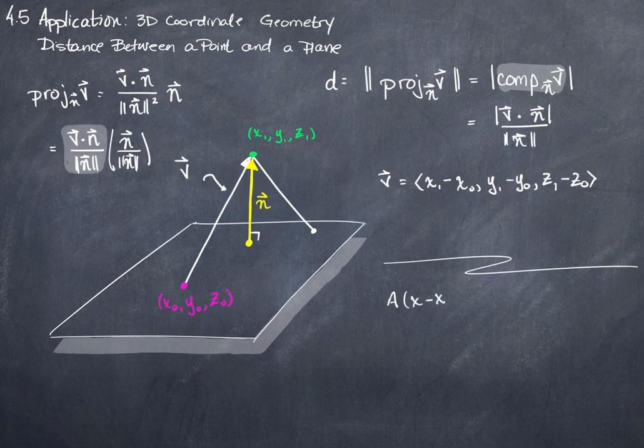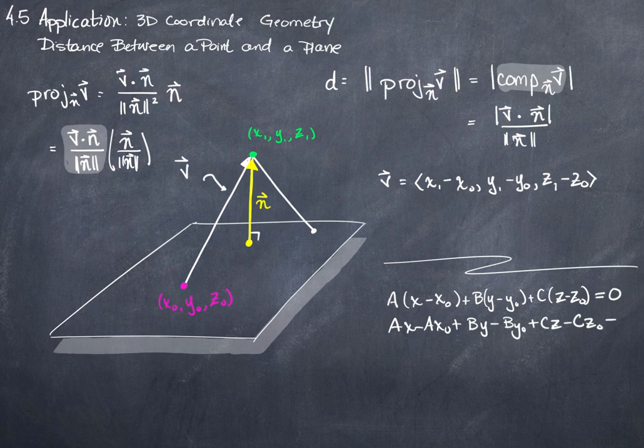A times x minus x naught, I wrote that down wrong, plus b times y minus y naught, plus c times z minus z naught equals 0. If I distribute, I get ax minus ax naught plus by minus by naught plus cz minus cz naught equals 0.